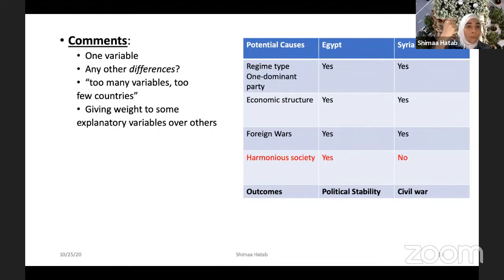So I control for regime type, I control for economic structure, I control for previous foreign wars, and then I qualify the variable that's different in these two cases in order to account for the causality between the main cause.